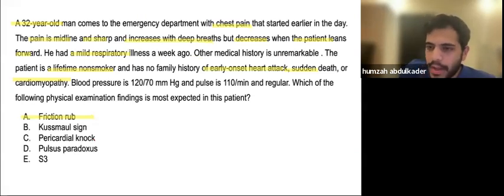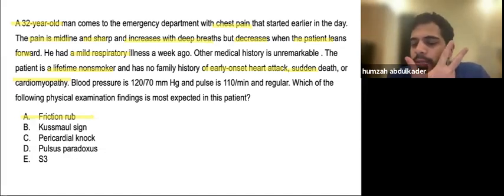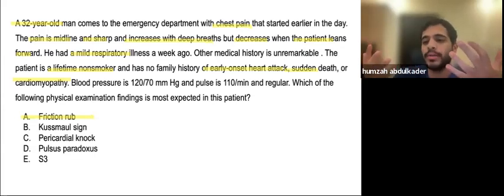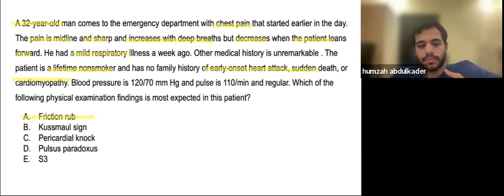So cardiac tamponade has, does anyone know what Beck's triad is? Yeah, so Beck's triad: hypotension, distant heart sounds, and distended neck veins. Now this Beck's triad basically tells you that it's cardiac tamponade, but one of the other findings that you'll see is pulsus paradoxus, which someone in the chat mentioned, is when the blood pressure during inspiration drops, right?